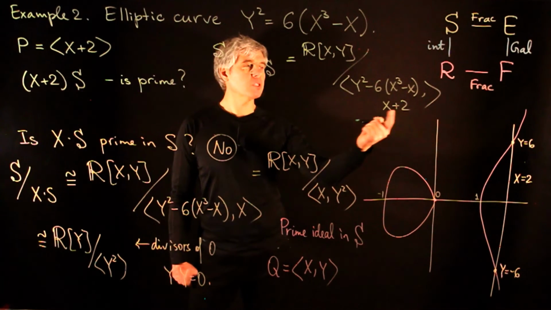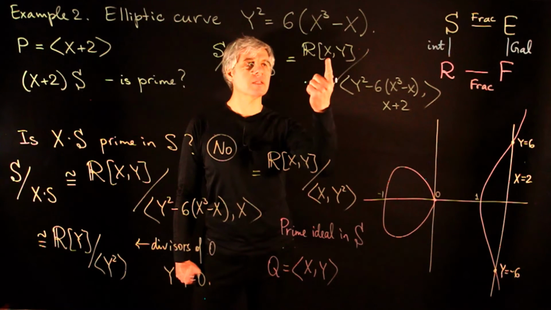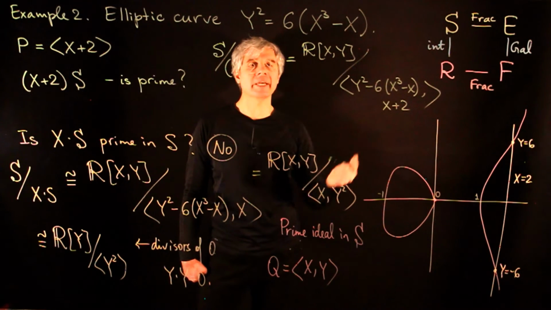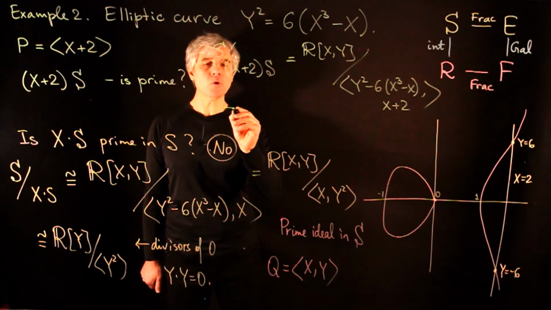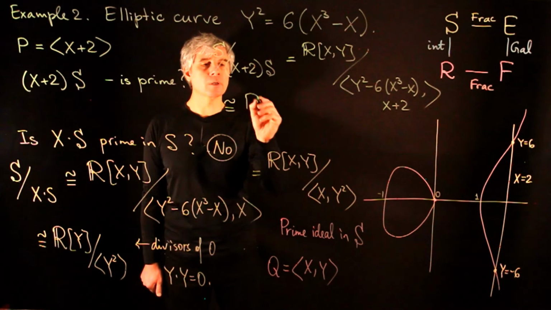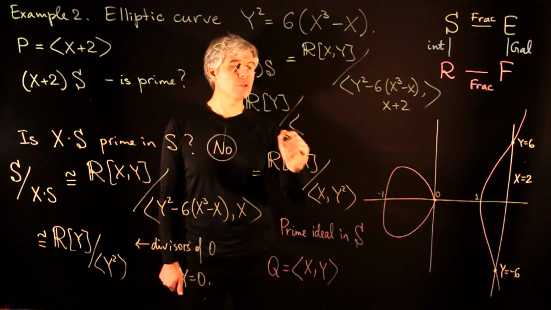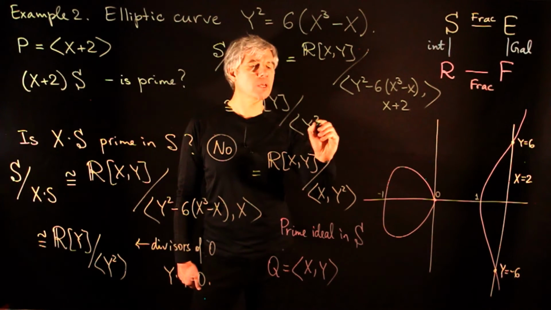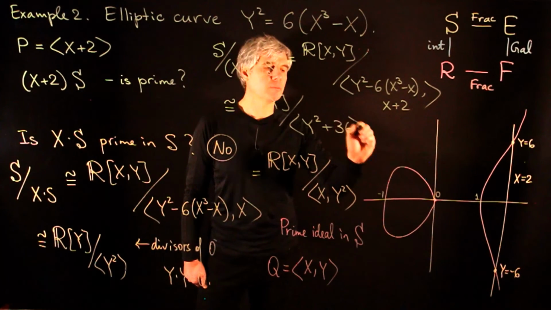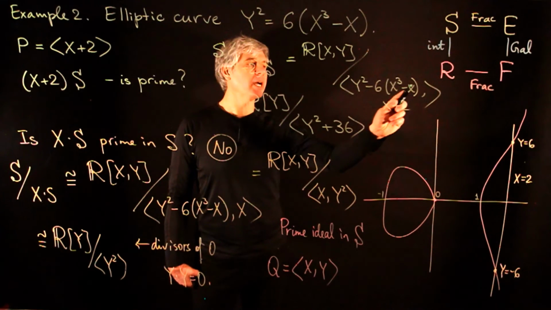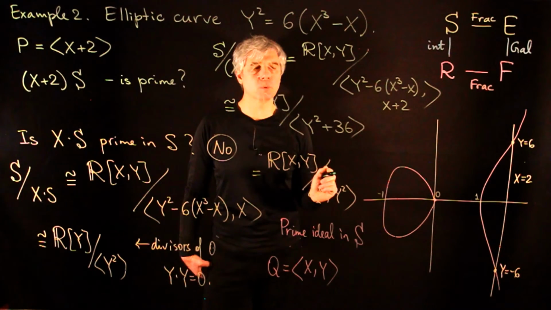Since we have x plus 2 as a generator, this tells us that we can eliminate x by making the substitution x equals negative 2. So this quotient ring is isomorphic to R of y, quotient by the ideal generated by y squared plus 36. The 36 comes from evaluating x cubed minus x at x equals negative 2.